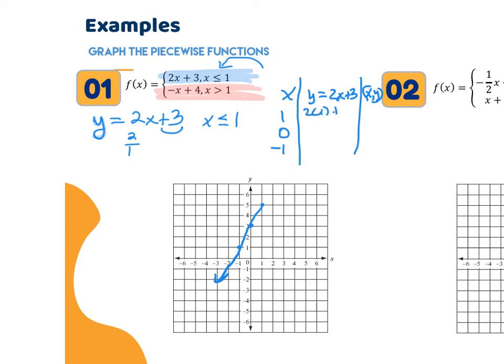So then I would do the math. 2 times 1 plus 3, and then I get 5. And then I would graph the ordered pair 1, 5, which I already did. And then I'd plug in 0. 2 times 0 plus 3, I get 3. So then I would graph the ordered pair 0, 3, which was my intercept, which I already did. And then if I plug in -1, I get -2 plus 3, and then I get +1.